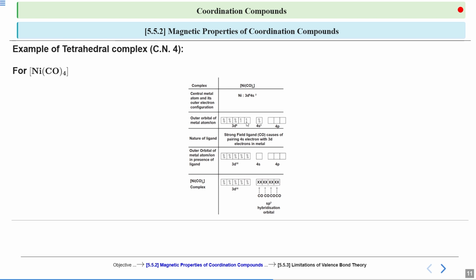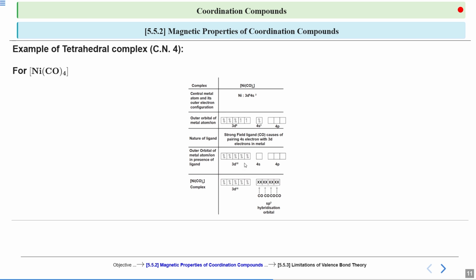These two unpaired electrons will undergo the pairing, due to which we again get one more paired electron in the 3d10, and the remaining one. So this one empty 3d orbital pairs with the 4s2 electrons to obtain the 3d10.